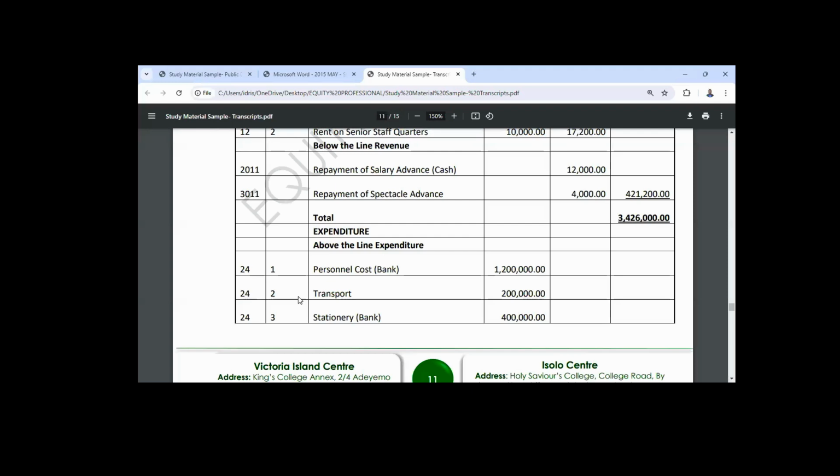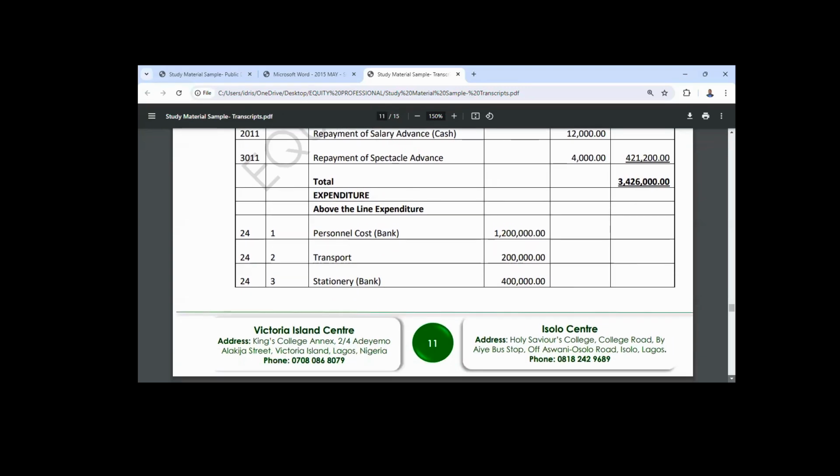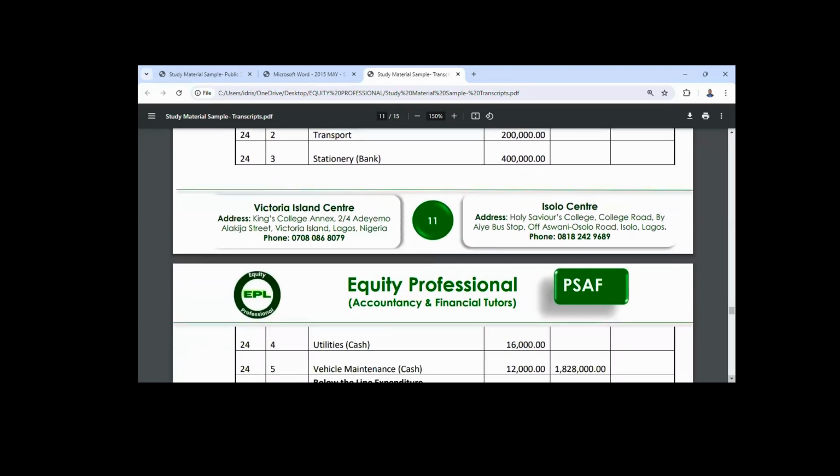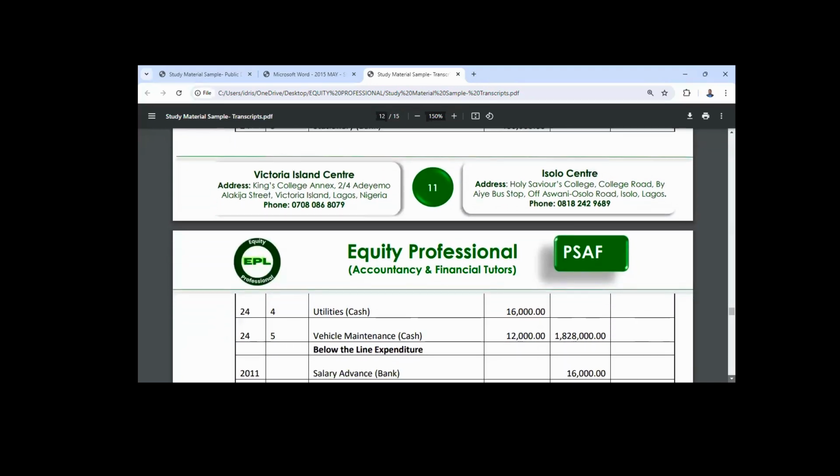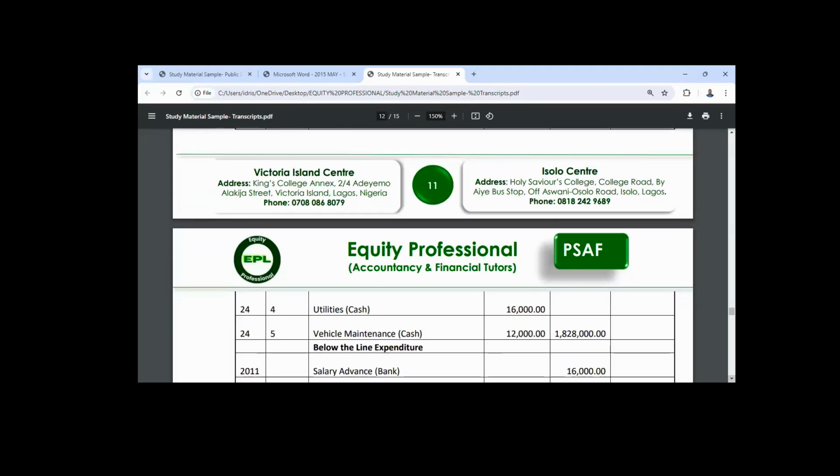Transport, head 24, sub head 2. Stationery, head 24, sub head 3. Utilities, head 24, sub head 4. Vehicle maintenance, head 24, sub head 5.